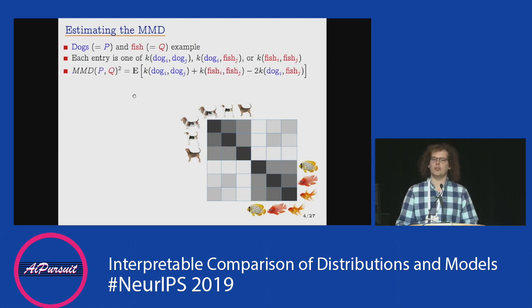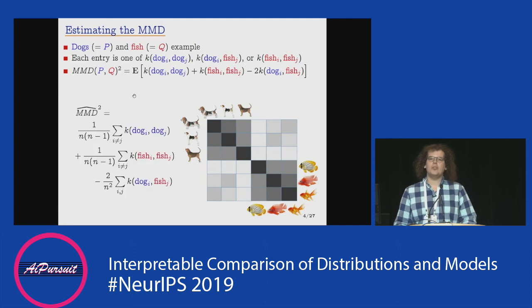The expression I just showed you is the form of the squared MMD. It's the expected dog to dog plus fish to fish minus dog to fish. So I can just take an empirical average, and then I have a pretty obvious estimator for the MMD. This is something you can easily compute. You just make this kernel matrix, and then you take averages of the different blocks. That gets you out a number, right?